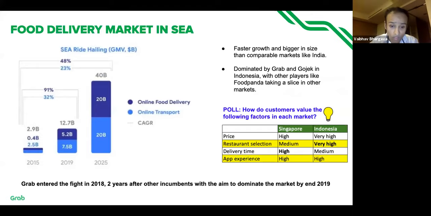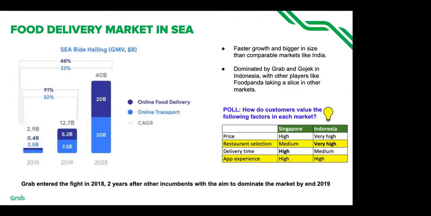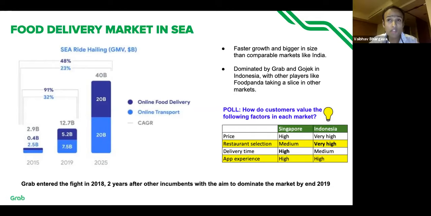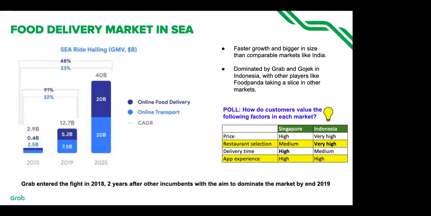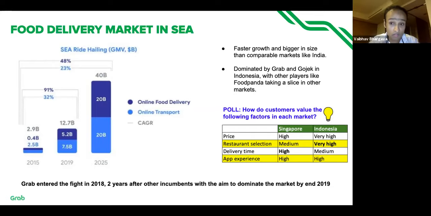So in general, and this might be of interest to some of you, the food delivery market in Southeast Asia is actually pretty big when you compare it to the population of Southeast Asia. For example, a market like India, a fast-growing market with a 1.3 billion population, which is twice of Southeast Asia, has a much smaller food delivery market than this region.